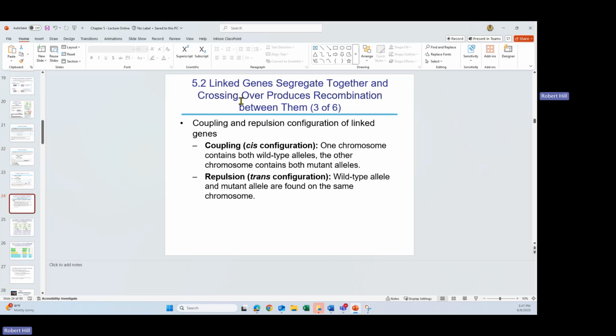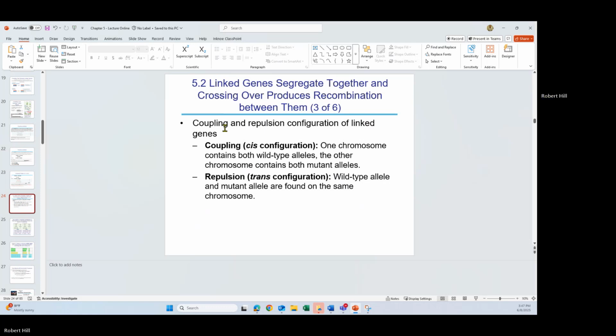They could be coupling, which is also called cis, or they can be in repulsion, which is also called trans. Okay? When in the coupling configuration, one chromosome contains both the wild types, the other chromosome contains both the mutants. In the trans configuration, you have the wild type and the mutant allele on the same chromosome.